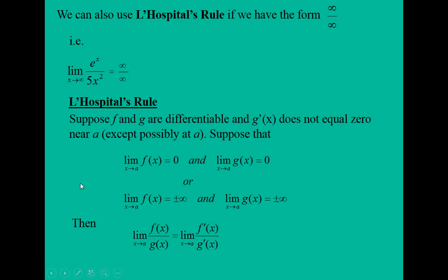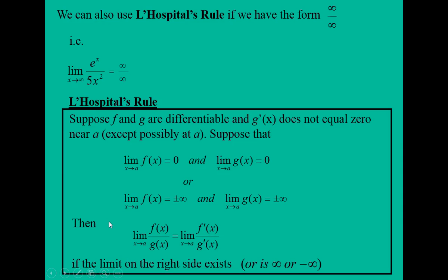Now, this is not applying the quotient rule. We just take whatever's in the numerator and find the derivative, do the same for the denominator, and then use direct substitution to see if we get our solution. If we get 0 over 0 again, or infinity over infinity again, we can apply L'Hopital's rule again.